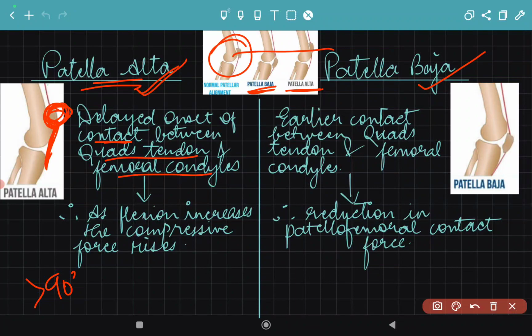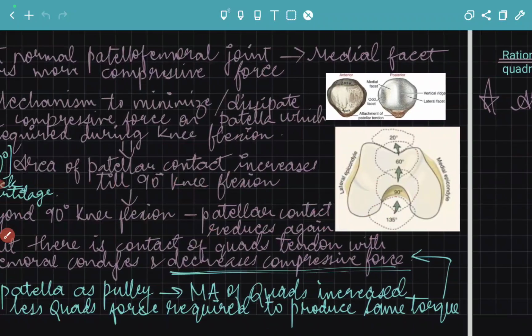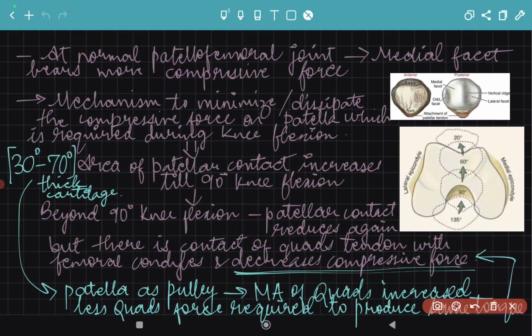At that time, the quadriceps tendon came into the picture to build contact with the femoral condyles, as we saw over here, that beyond 90 degrees, the patellar contact is minimized. Now there is contact of the quadriceps tendon with femoral condyles, which will reduce the compressive force on the patella.